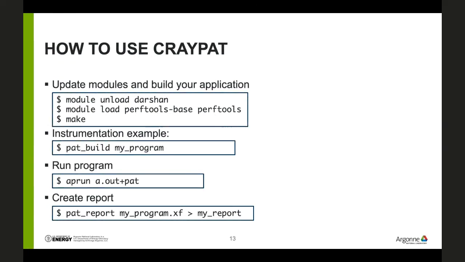After that, you have one additional step, which is the instrumentation. The reason the additional instrumentation step is required with CRAYPAT is that CRAYPAT provides many options for instrumentation. For example, sometimes you may want to trace the MPI functions, or you may want to set up some CRAYPAT API, and you may want to look into some specific region of your code.